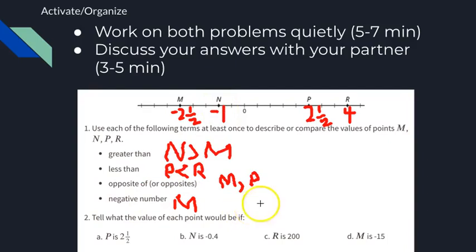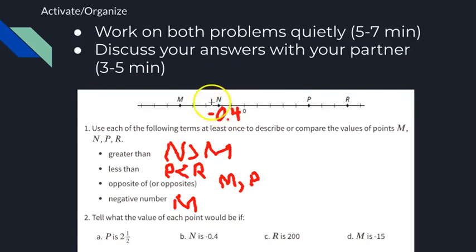All right. Let's try another one here real fast. We got N in this situation is -4/10. Okay, so if that's -4/10, what are the rest of these? Well, that means that since this is 2 hashes away, each one of these should be 2/10, right?